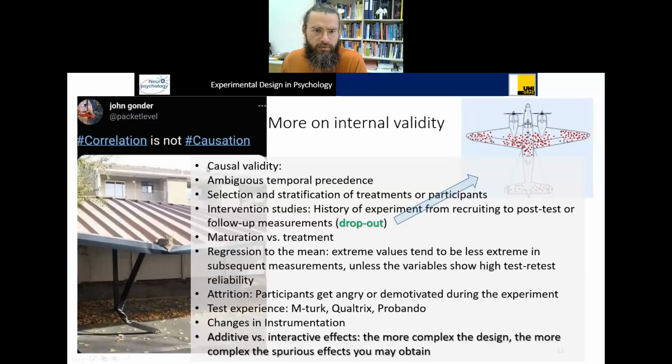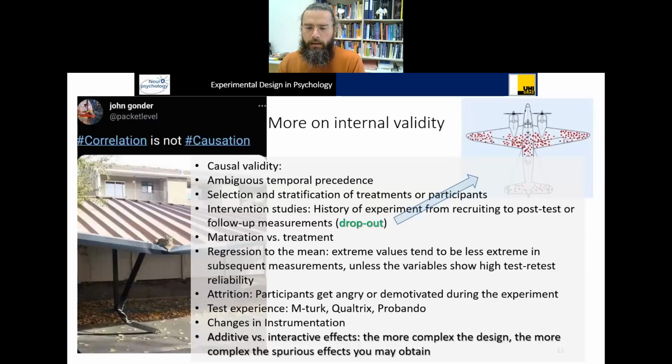And also aspects of selection and stratification of treatments or participants. So how much are you able to assign participants randomly to specific groups or to assign treatments to specific time points? Under many circumstances, it's just not possible.